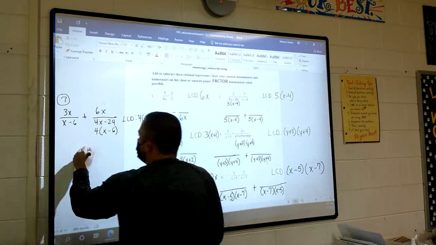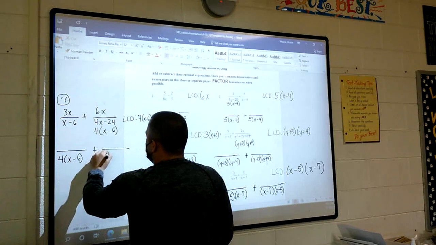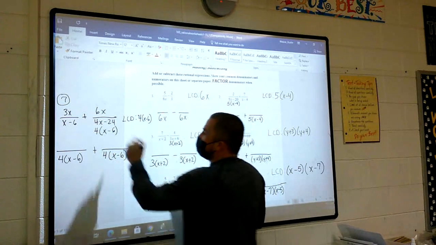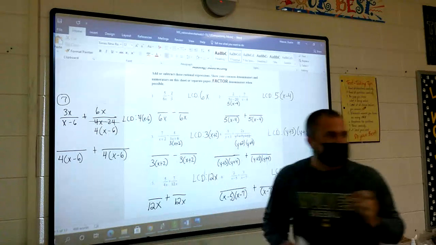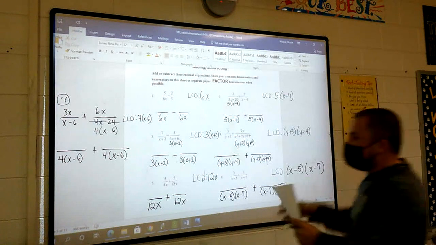The bottom of the second fraction in number 7 is good to go. It's got the 4 and x minus 6. The first fraction only has x minus 6, so you've got to multiply it by 4. So we multiply by 4, and then you can add straight across.